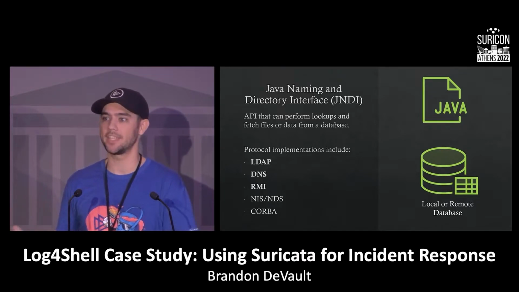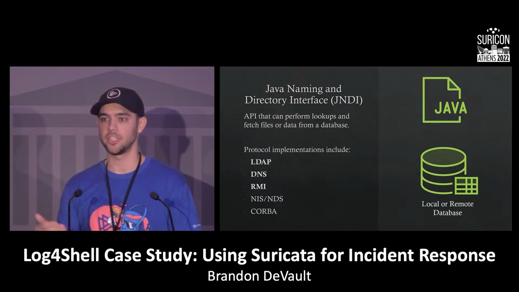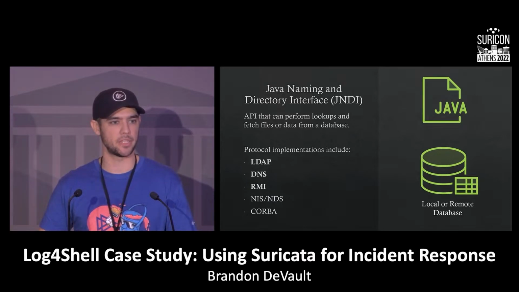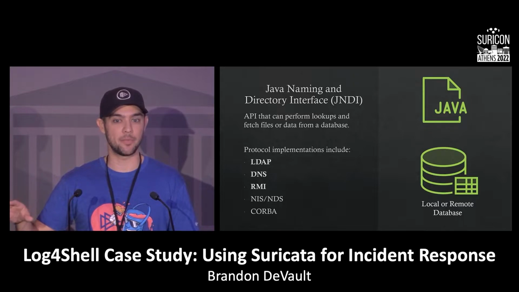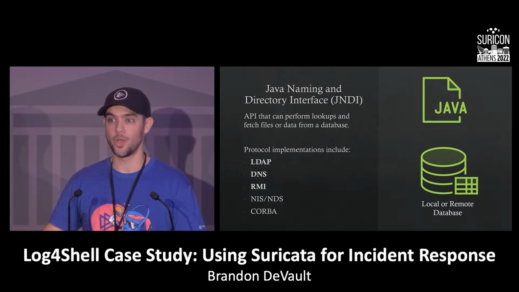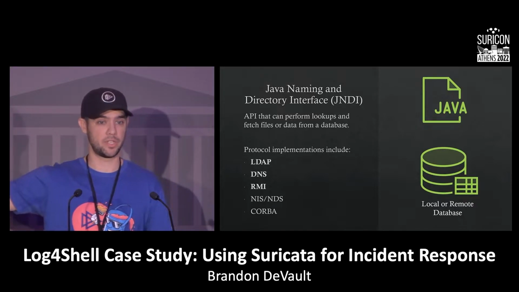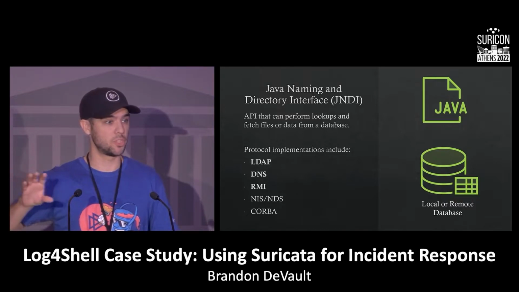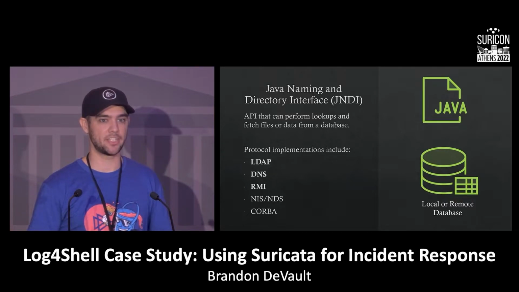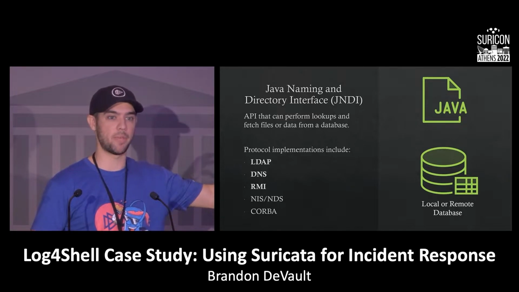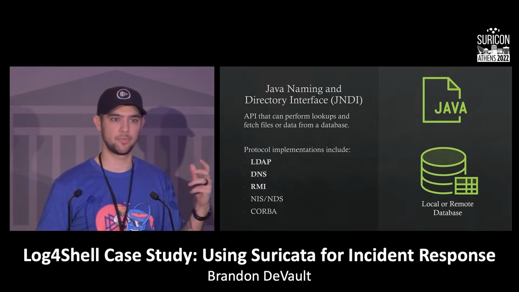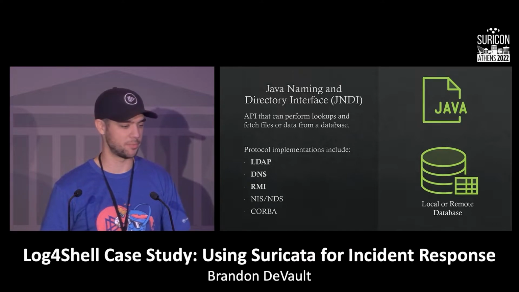Or maybe something gets returned via the application, and so it performs that lookup on some database. The key there is that it can be a local database, or it can be a remote database. And so the Log4Shell attack takes advantage of this being a remote database lookup to pull back potentially malicious information.